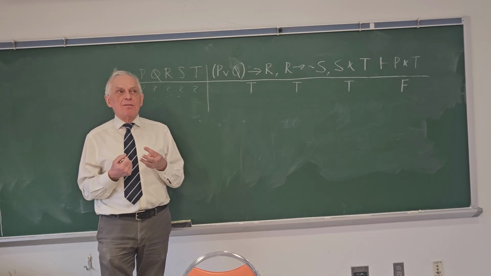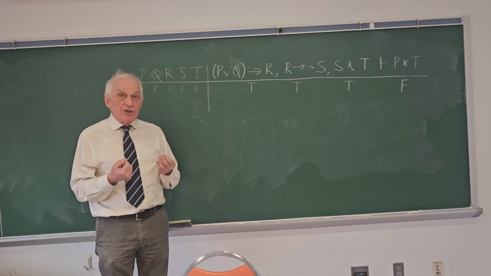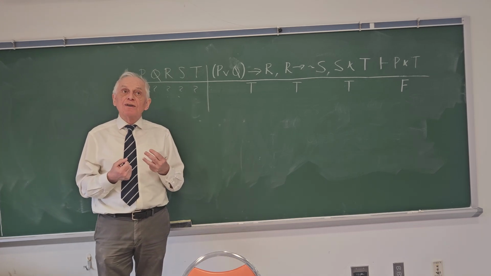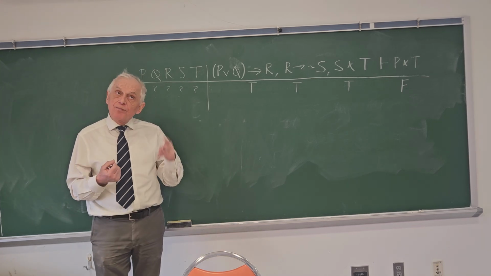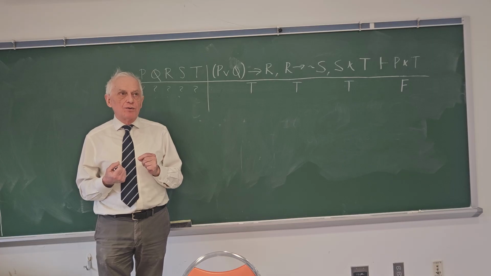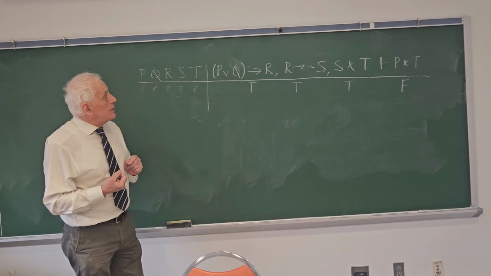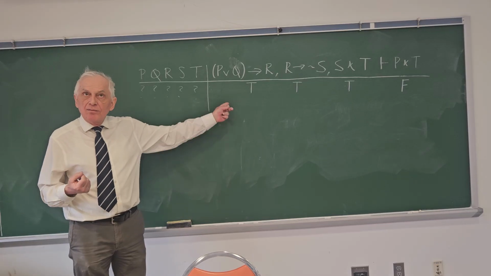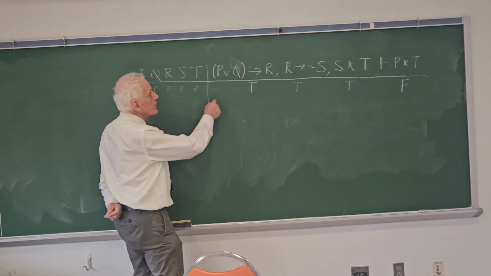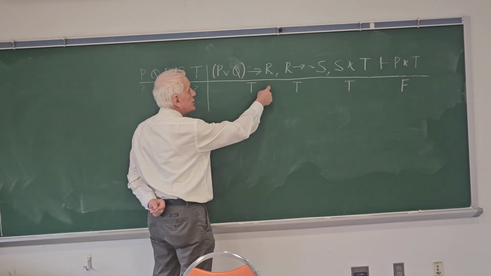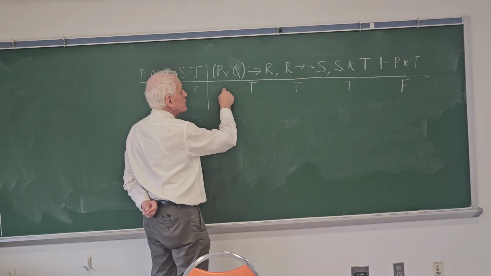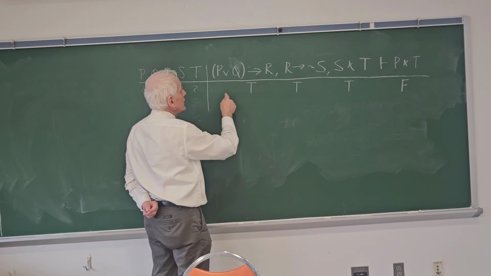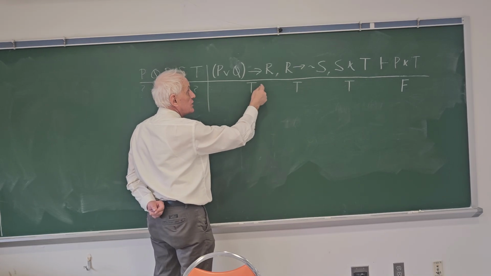The only assignment of truth values on which a conditional is false is when the antecedent is true and the consequent is false. So there are 3 ways to make the first premise true. We could put true for this disjunction and true here, or we could put false for this disjunction and true here, or we could put false for this disjunction and false there.